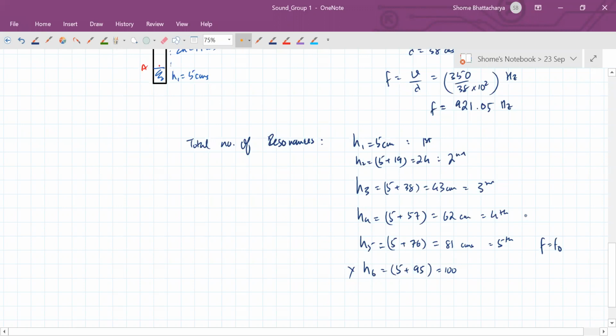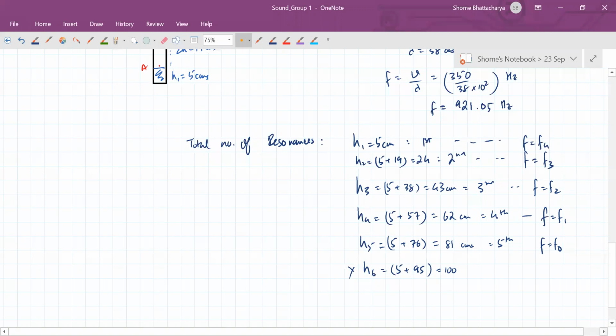This is when the column is vibrating in its first overtone. This is when it's vibrating in its second overtone. This is when it's vibrating in its third overtone. And this is when it's vibrating in its fourth overtone.